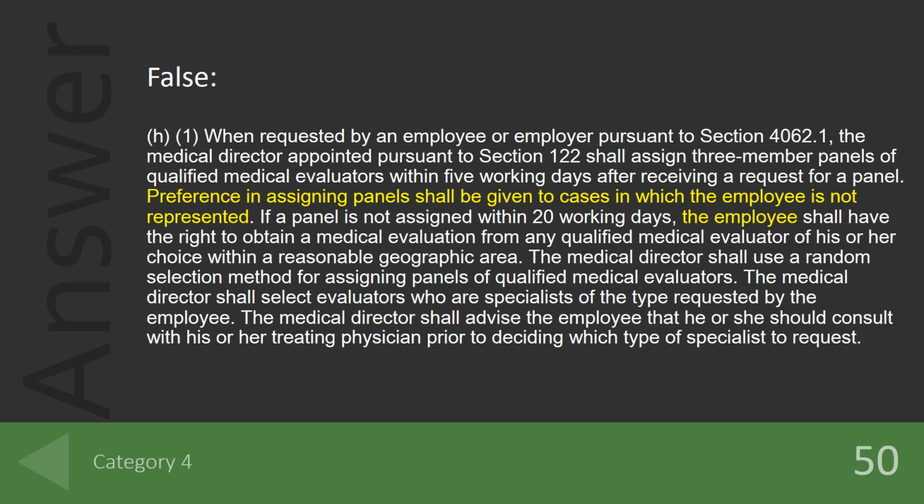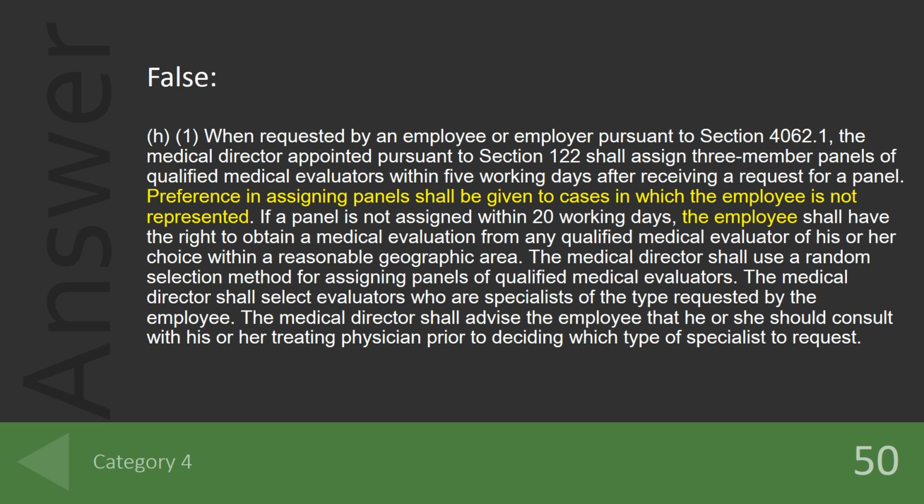So here that point is reiterated by stating that the medical director shall provide specialists of the type requested by the employee. So the employee has priority of the panels and also has priority as to selecting the specialist to perform the evaluation.